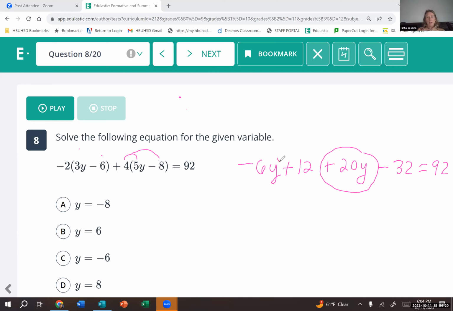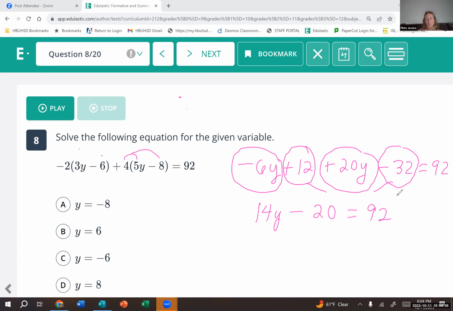So together it's positive 20 minus 6. So 20 minus 6 is 14y. Then we have 12 and then minus 32. The 32 is bigger, so it's going to be negative. That's going to be 20 equals 92.